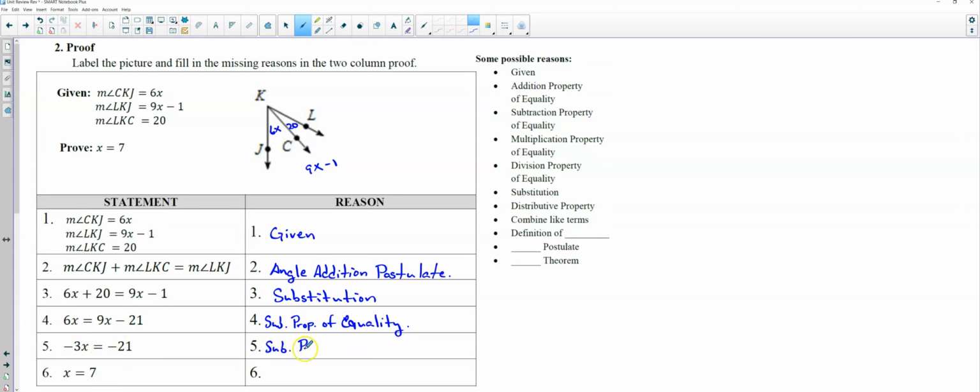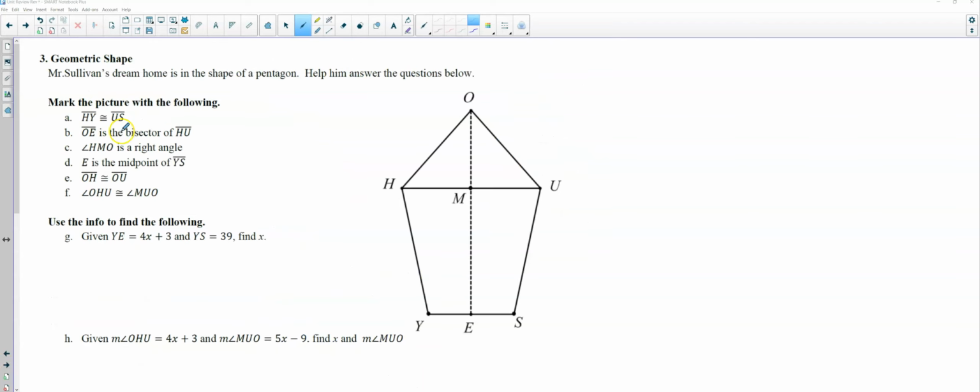And then from there, I divided by negative 3 on both sides, so that is the division property of equality. And we are done. Ooh, I thought we were done.